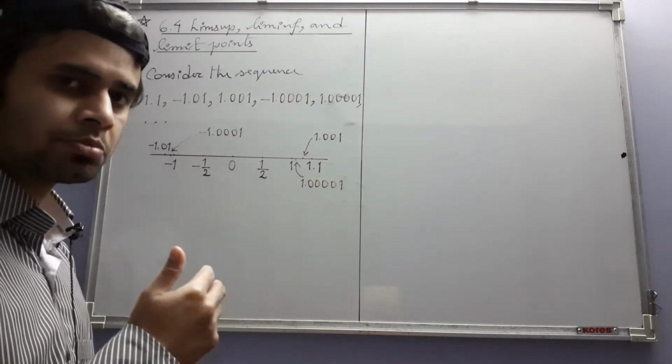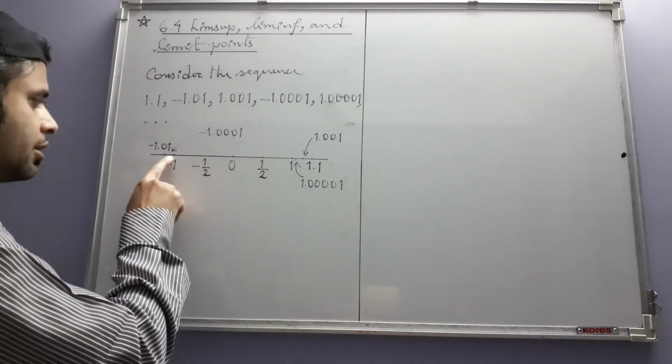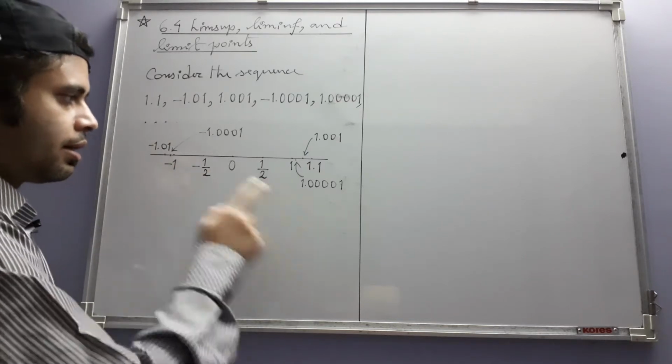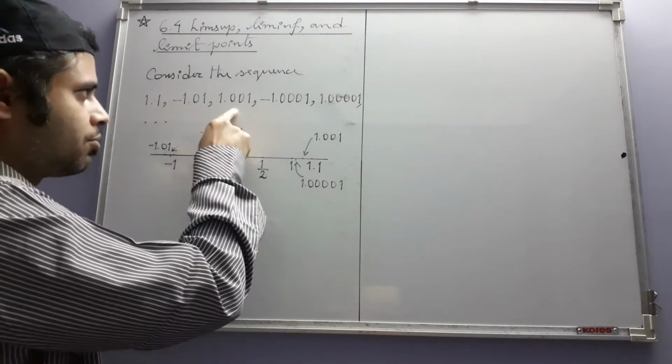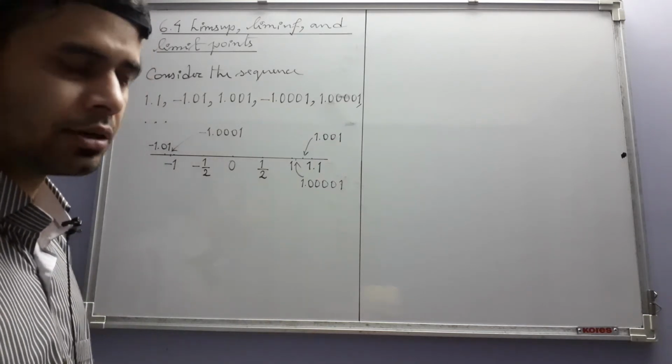No matter how small that extra something is, that is also negative. So all the terms that are negative are less than -1, and like that all the terms that are positive are actually greater than 1 plus 1.